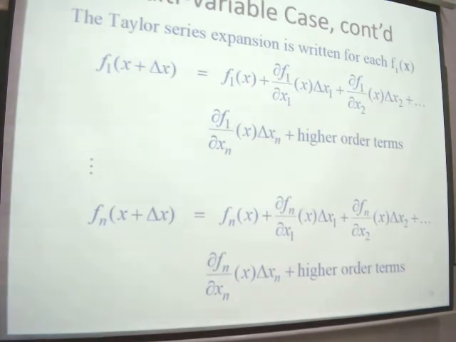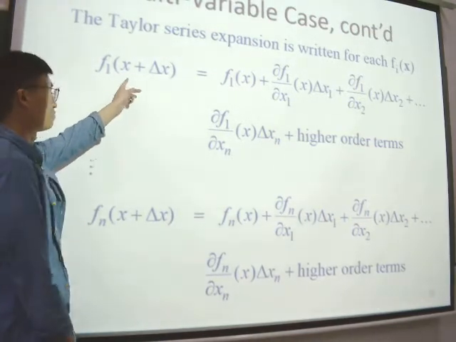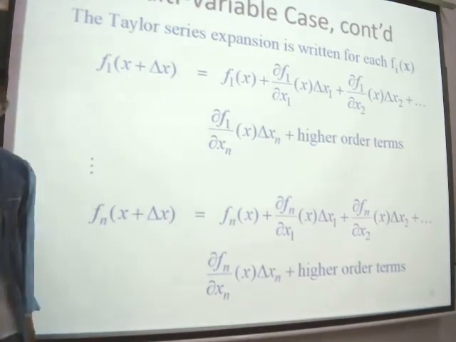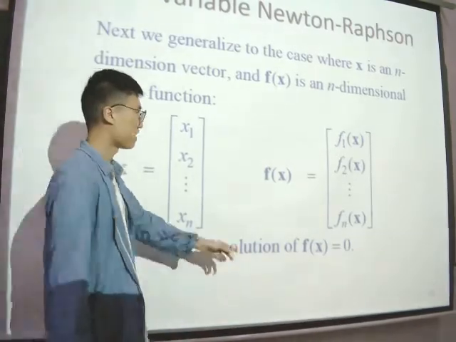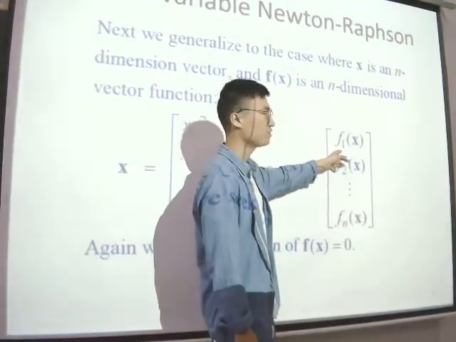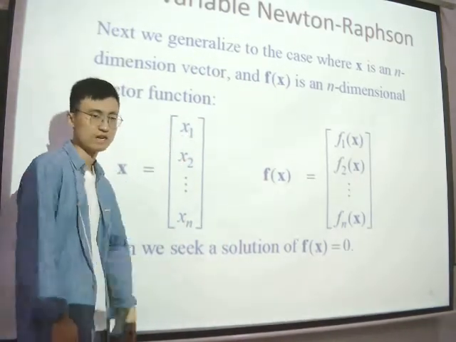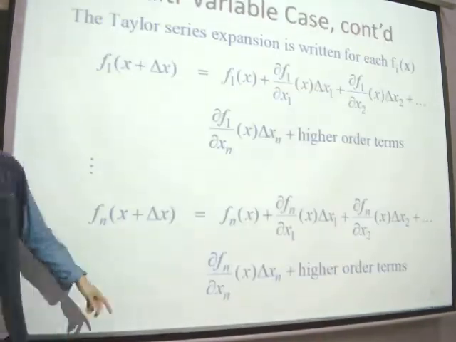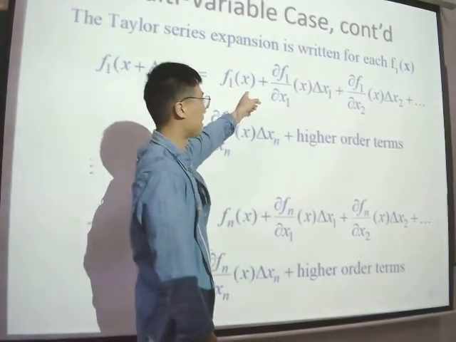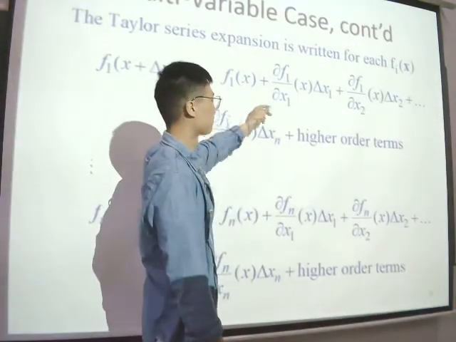Okay, so the Taylor series expression is written for each component. For f1, here is the first function value, which corresponds to the first input value x1.